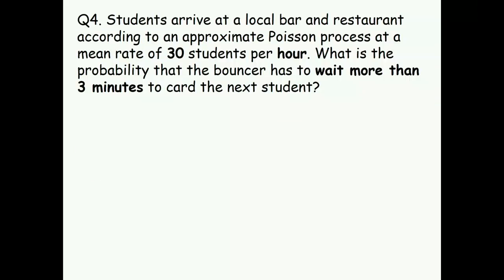Students arrive at a local bar and restaurant according to an approximate Poisson process at a mean rate of 30 students per hour. What is the probability that the bouncer, the one who is keeping watch at the front of the bar and restaurant, has to wait more than 3 minutes to card the next student? What type of distribution is that?